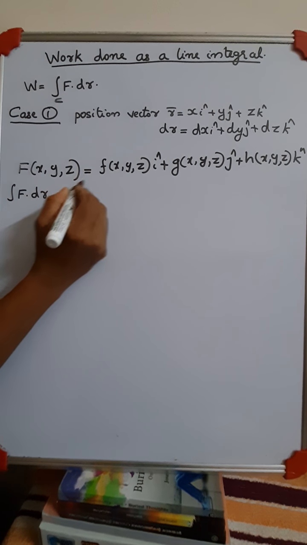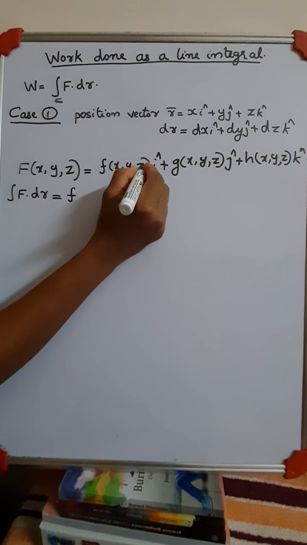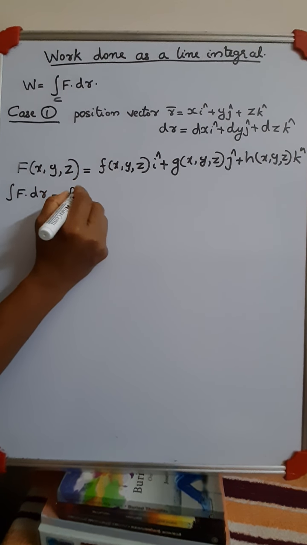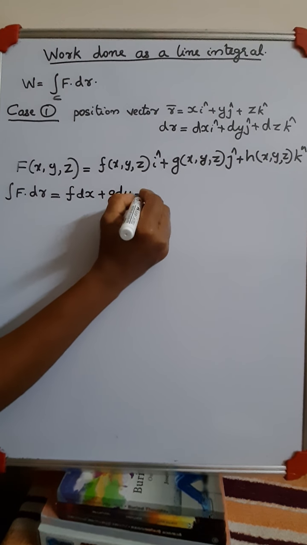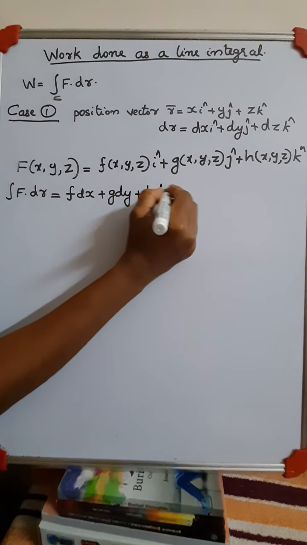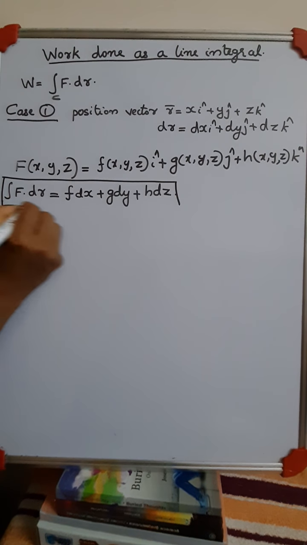In general, we can write it as f dx plus g dy plus h dz. This is the first formula for work done.